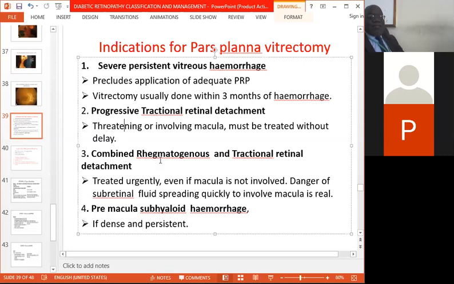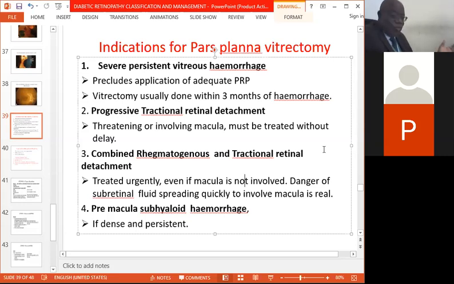Combined rhegmatogenous and tractional retinal detachment should be treated urgently, even if the macula is not involved. What is tractional? It means there is fibrous tissue pulling the retina off.